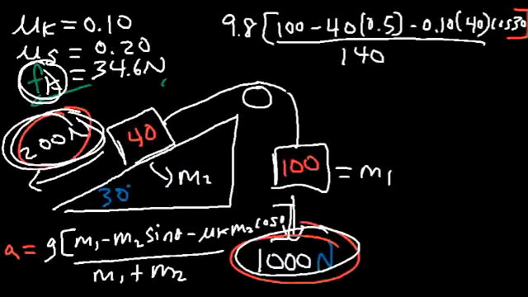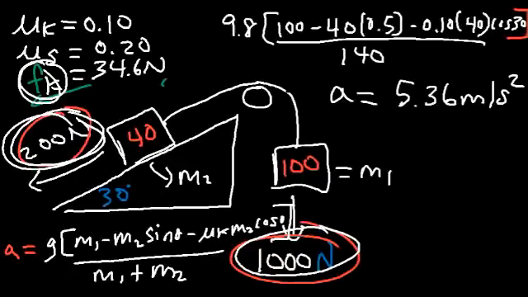So let's type this in. 100 minus 40 times 0.5, that's 80, and 80 minus 0.10 times 40 cosine 30, that's 76.536 times 9.8, which is 750, divided by 140. And so the acceleration in this particular problem is about 5.36 meters per second squared.